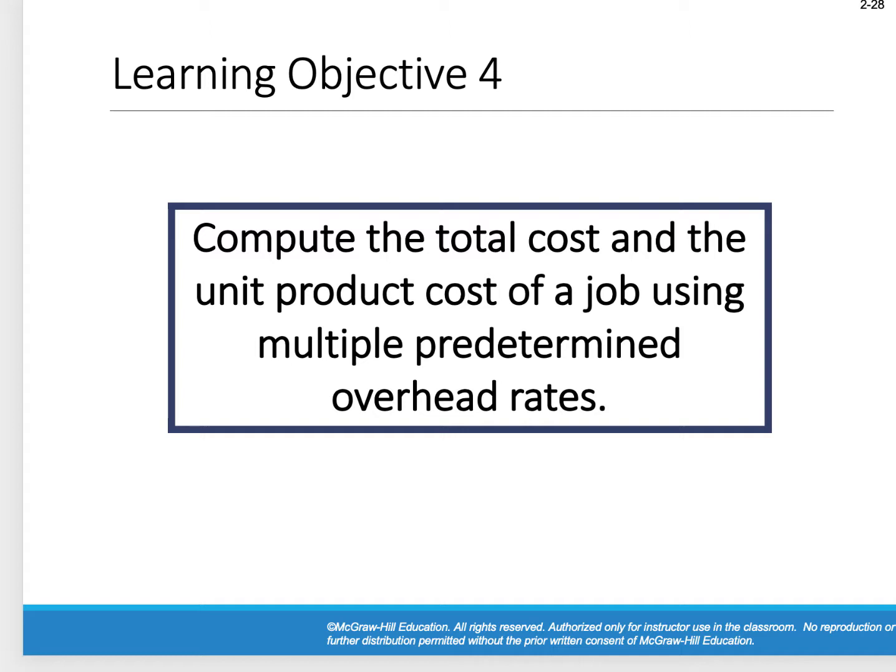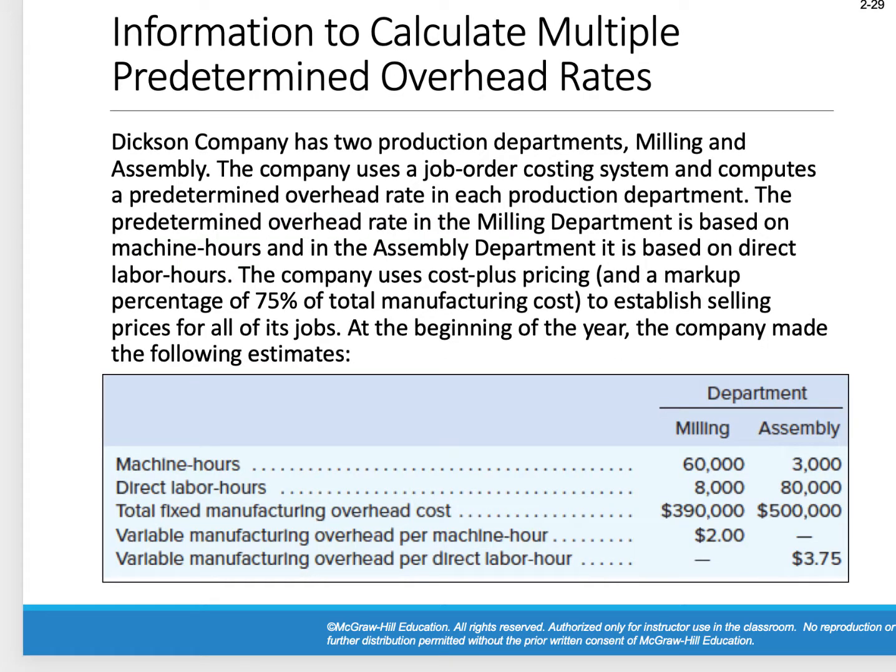Okay, so let's go ahead and just look at a quick example here. So we have Dixon Company. They have two production departments. They got a milling department and an assembly department. Because they produce multiple products within a period, and we're going to assume that these products are produced to customer specifications, they use job order costing.